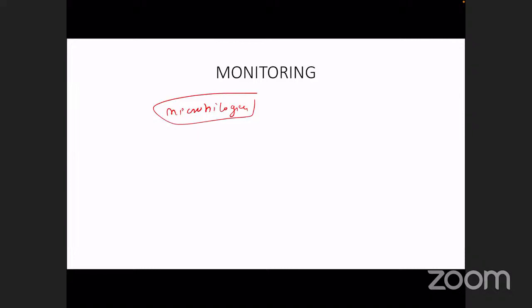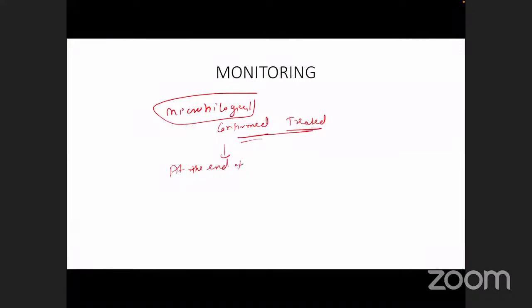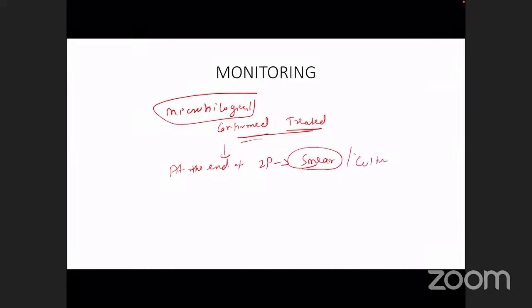In addition to that, for microbiological confirmation in a confirmed patient treated as TB, at the end of the intensive phase you get a smear, or whatever was positive earlier, smear or culture. In general, smear is done.